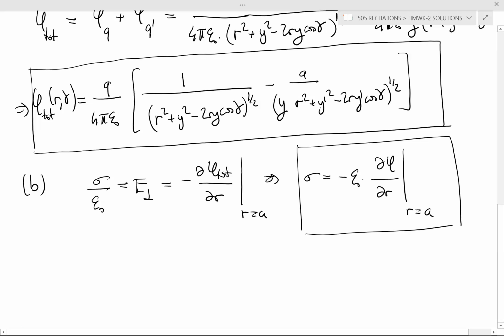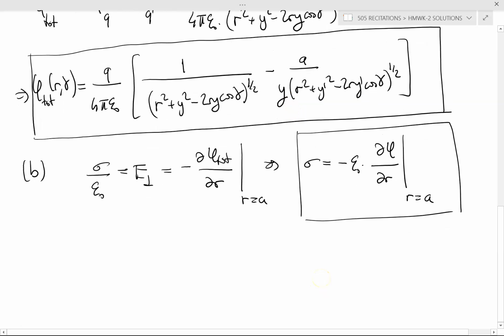By the way, there's something wrong here. I just have realized this should be in this form. Let me take the derivative with respect to R. Okay, this is quite a long algebra, but once I am done with this, I will give a break.